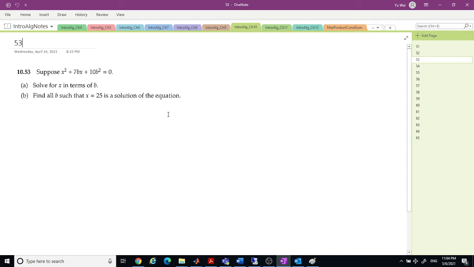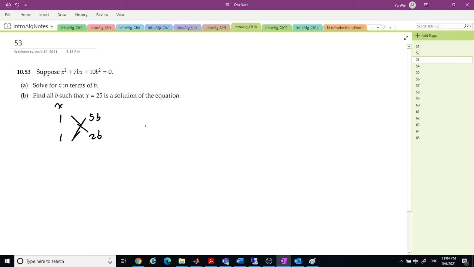So suppose x squared plus 7bx plus 10b squared equals 0. Solve for b. Okay, let's see. Let's do the cross product. 1 x, this x term. Then this one is 5b and 2b, right?